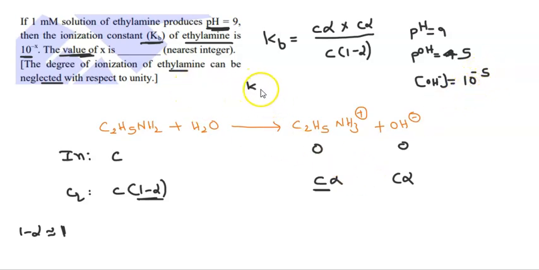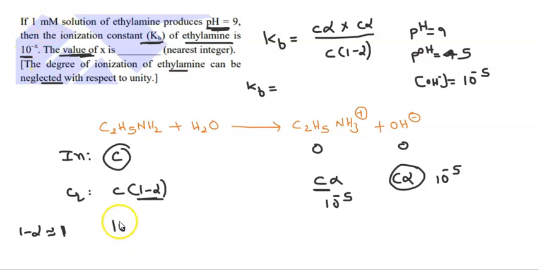So now Kb: C alpha value can be taken as 10 to the power of minus 5, because it is the OH- concentration, and this C alpha is also 10 to the power of minus 5. The value of C2H5NH2 is nearly equal to C, 1 millimolar, which can be taken as 10 to the power of minus 3 molar.